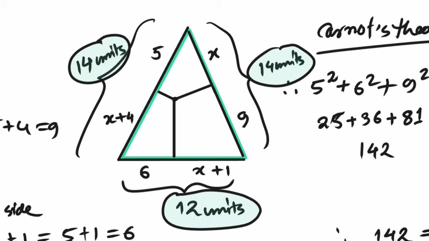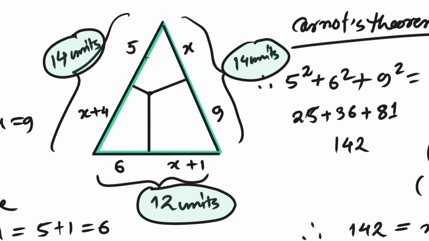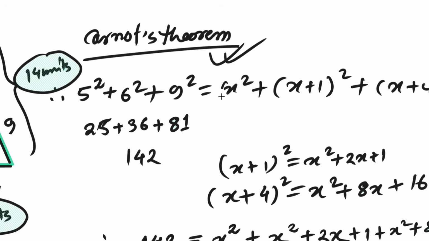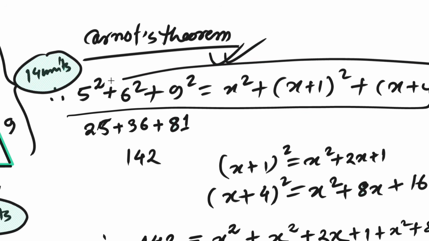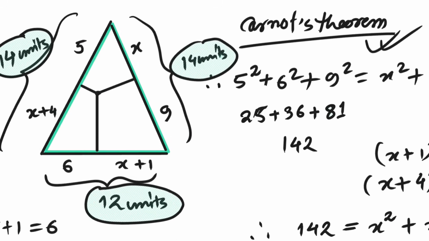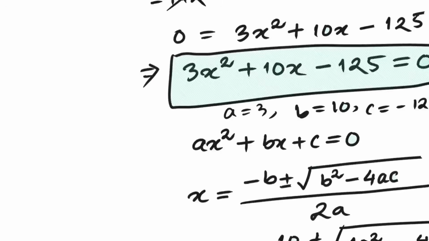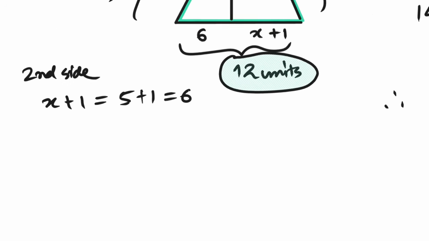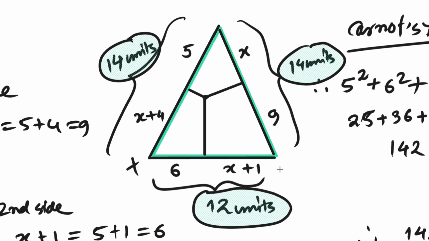Notice what happened here. We did not need to find the lengths of the perpendicular segments inside the triangle at all. Carnot's theorem allowed us to determine x directly from the alternating side pieces. And once x was known, the perimeter became a straightforward calculation. The perimeter of a triangle is simply the sum of its three side lengths.